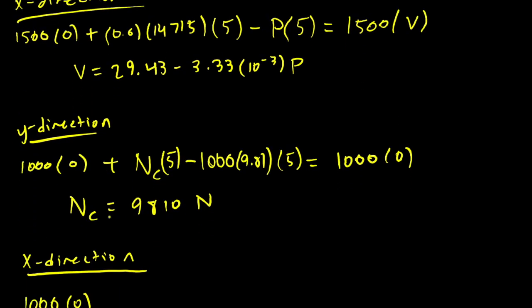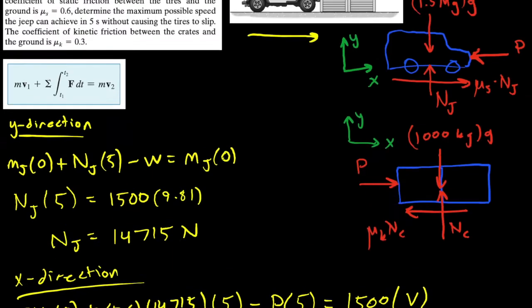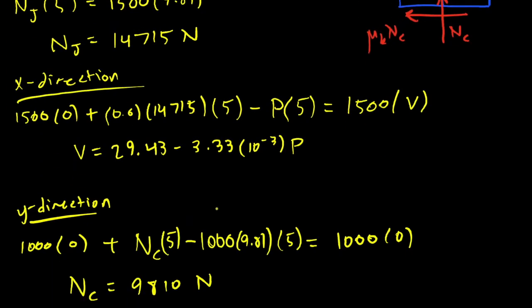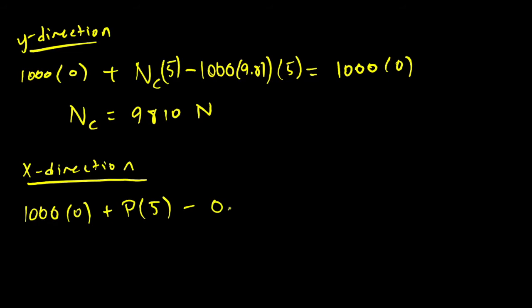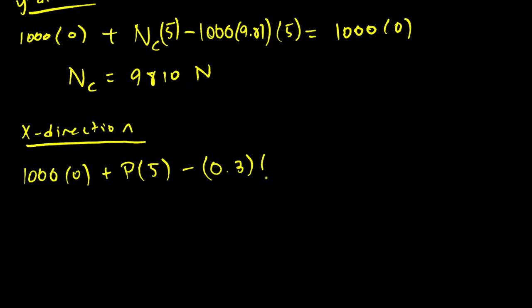P is pointing in the positive x direction, which is going to be P times 5, minus the coefficient of kinetic friction, which the problem states as 0.3. So that's 0.3 times our normal force, which is 9,810. And this will be equivalent to the mass times the final velocity.